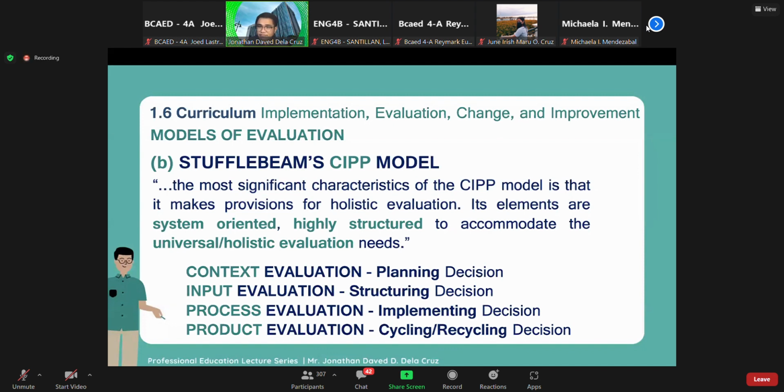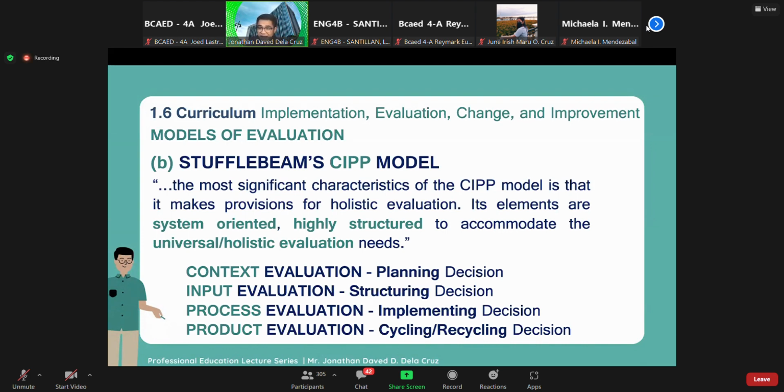Tandaan yung tatlong element ng CIPP model: system-oriented, highly structured, and holistic evaluation. CIPP stands for context evaluation. Dito papasok yung decision planning, i-evaluate yung decision planning area. Input evaluation, i-evaluate naman doon yung structuring design. Process evaluation, i-evaluate yung implementing decision. Product evaluation, i-evaluate naman yung recycling or cycling decision. Ito yung ano yung dapat pang i-improve after the implementation.